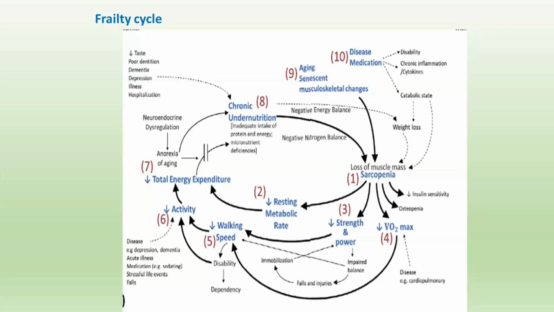So this is like a vicious cycle. So to reduce the frailty, we have to reduce this somehow, whether we have to stop or we have to reduce these effects. So we'll see how we can do this in primary care. Next one, please.